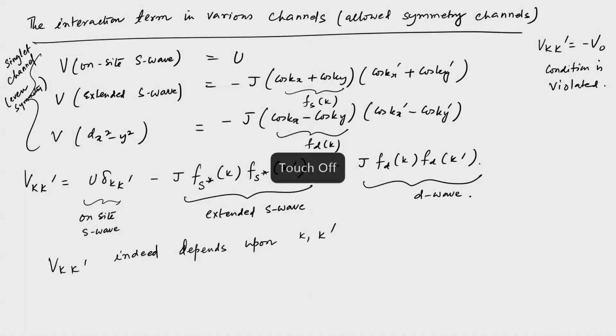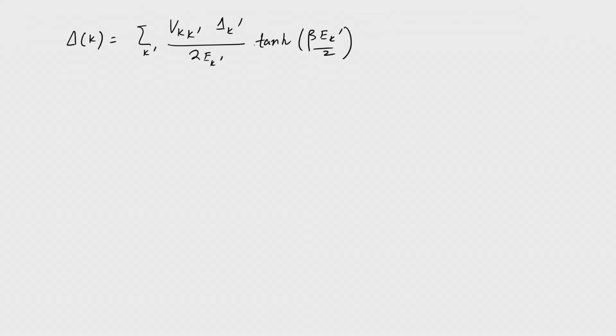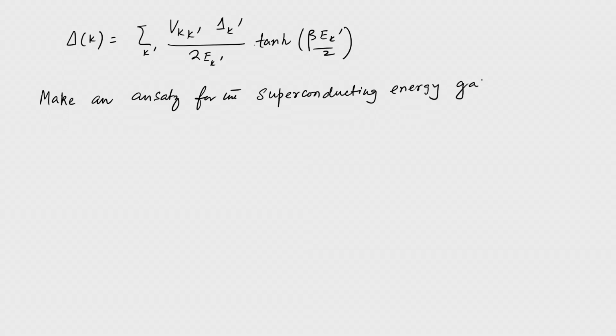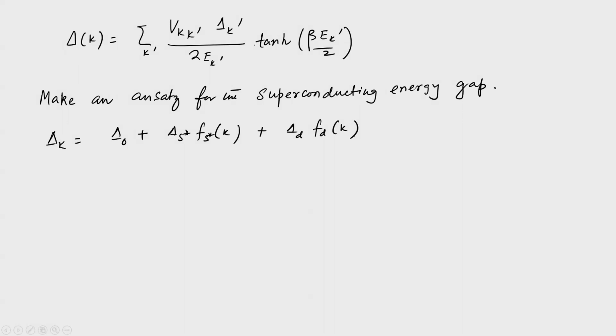So, one can make an ansatz for the superconducting energy gap: this corresponds to the on-site S wave, this corresponds to the extended S wave, and this corresponds to the D wave. So, each one of them is according to this irreducible representation.